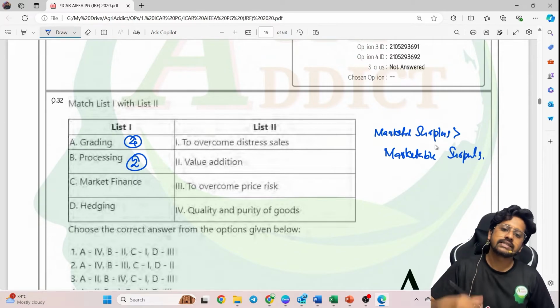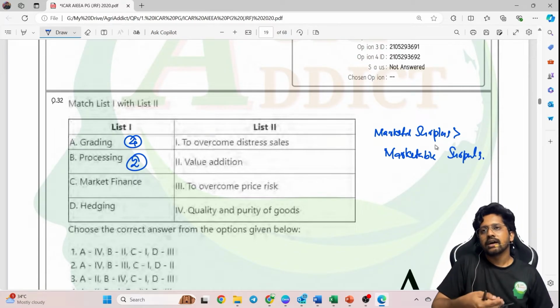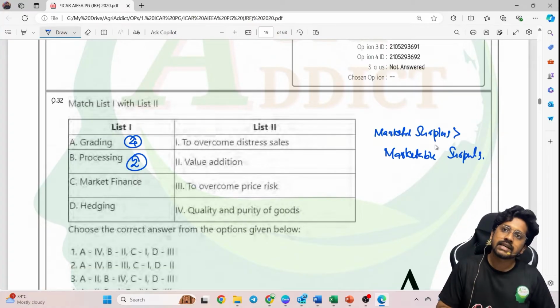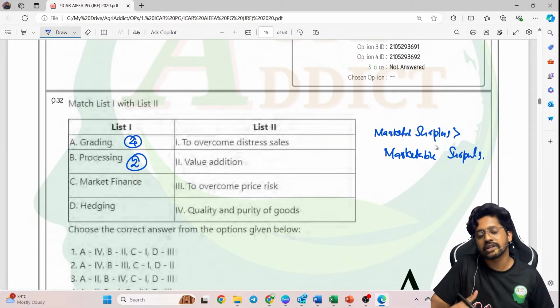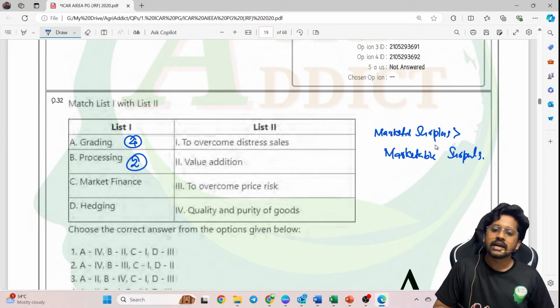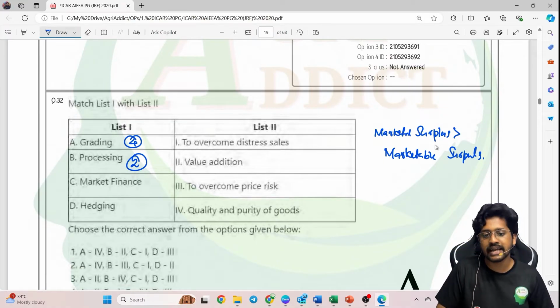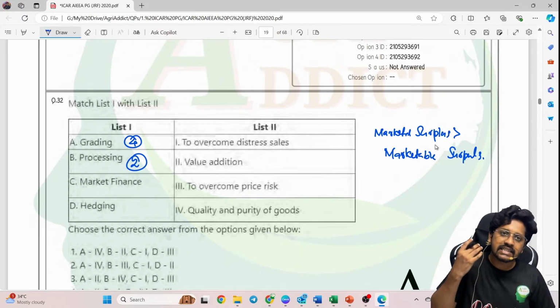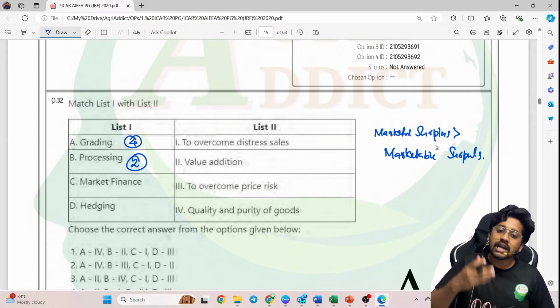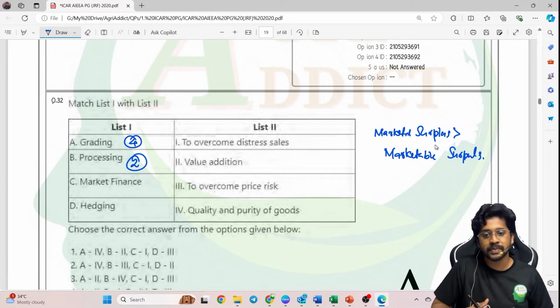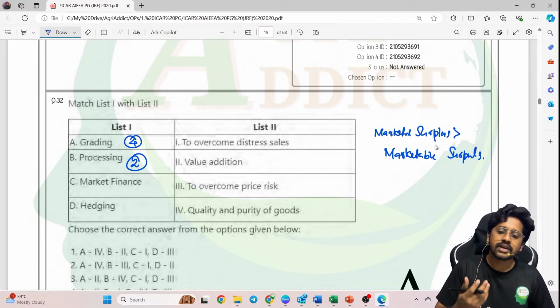Marketable surplus is a concept that explains the amount of produce which is left after meeting the consumption requirements of the farm family, right? But what is actually sold in the market will be much higher than the marketable surplus, which means that there are inelastic cash requirements, or the farmer is in a scenario where he has to cut short his consumption expenditures and sell the whole product in the market.